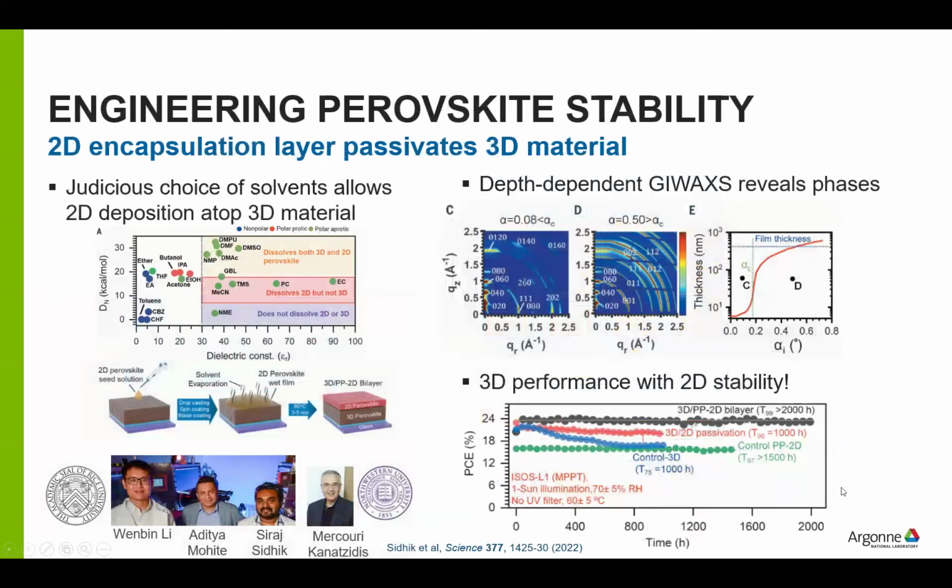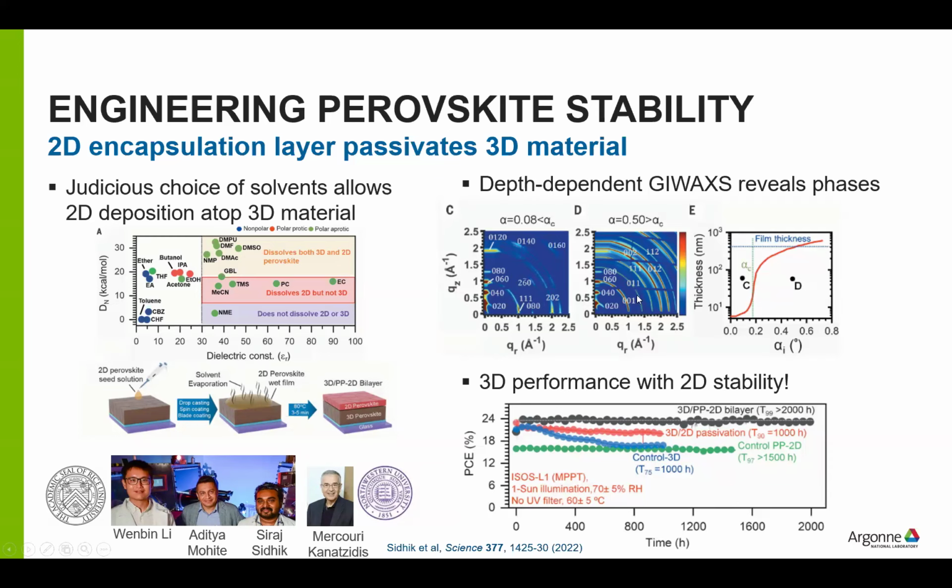And then also with the Kanatzidis group from Northwestern, but led by Aditya Mohite's group at Rice University, they took this in a very nice direction where with careful selection of a solvent that dissolves the 2D material but not the 3D material, they could deposit a 3D layer for the photovoltaic, and then on top of that place a 2D perovskite layer as an encapsulation layer, to passivate the device and get better stability.